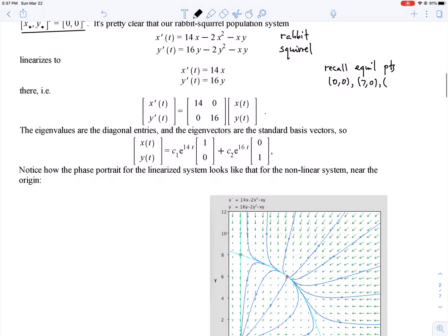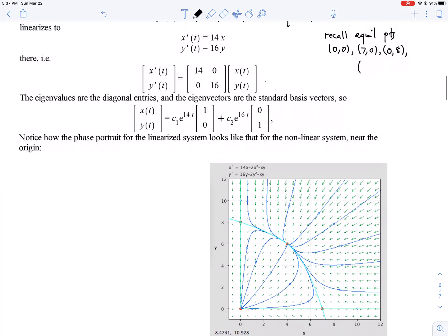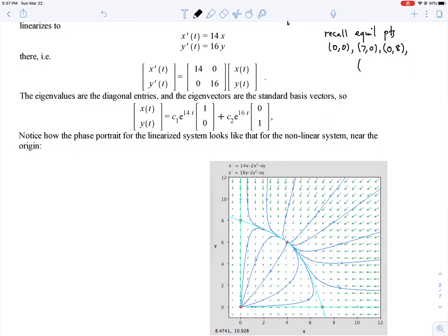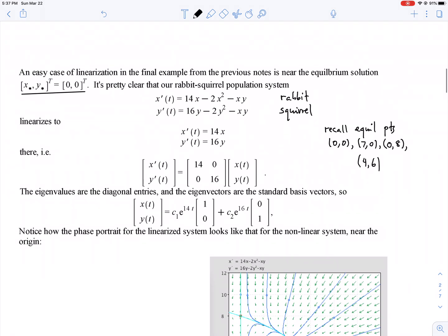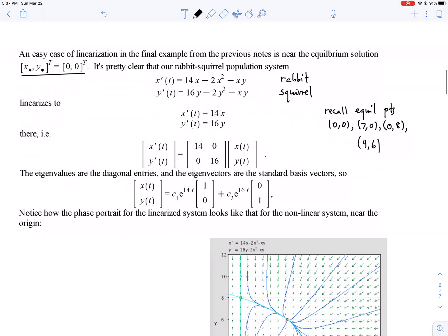Sorry, all rabbits at 7, 0. All squirrels at 0, 8. And then the super interesting one was when there were both rabbits and squirrels, and that was 4, 6. And remember, our units could be like thousands of rabbits and thousands of squirrels. So the number 4, 6 is sensible. Okay, so let's look at the origin.